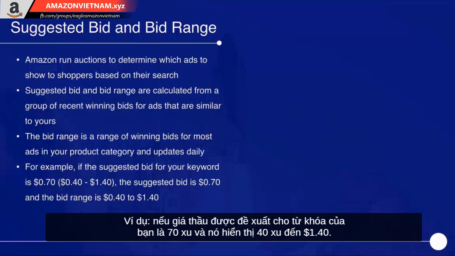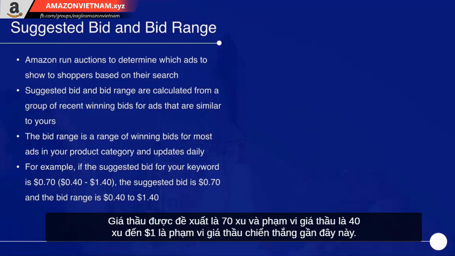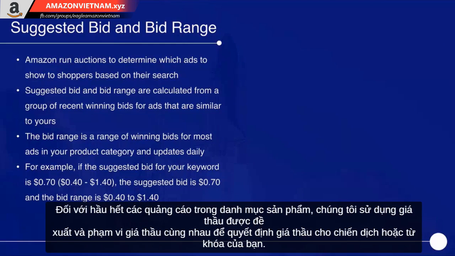For example, if the suggested bid for your keyword is 70 cents and it shows 40 cents to $1.40, the suggested bid is 70 cents and the bid range is 40 cents to $1.40, as this is the recent range of winning bids for most ads in the product category. We use the suggested bid and the bid range together to decide on a bid for your campaign or keyword.